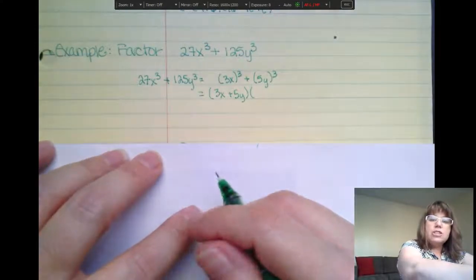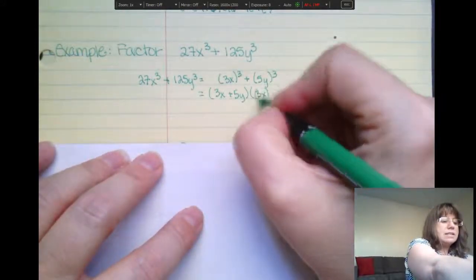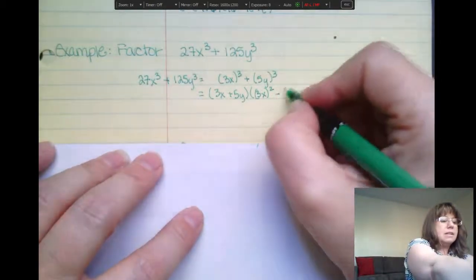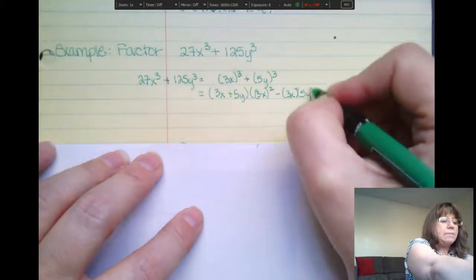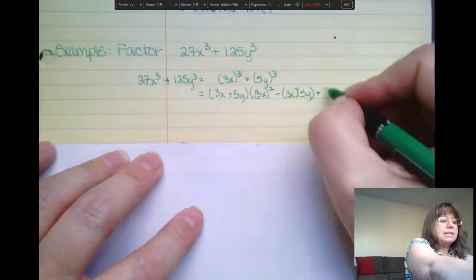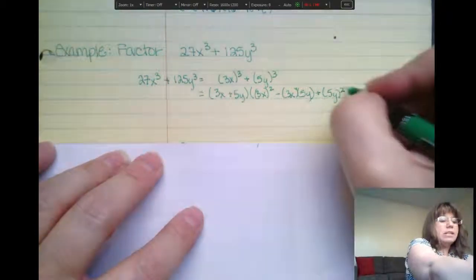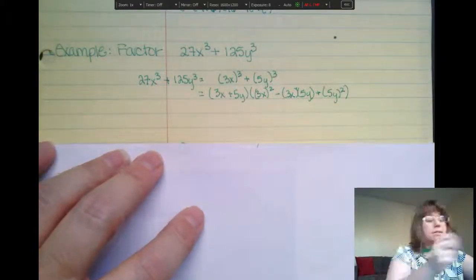And in my second term, I square the first, (3x) squared, subtract 3x times 5y, plus (5y) squared. Now all I need to do is do my multiplication and simplify if necessary.